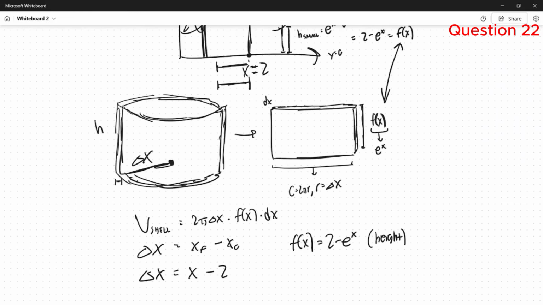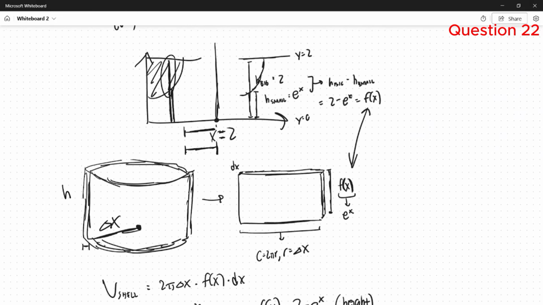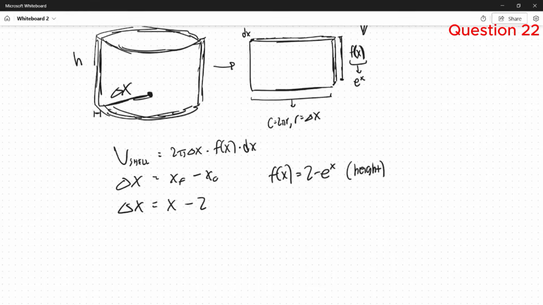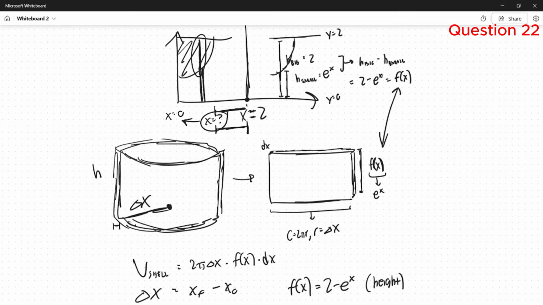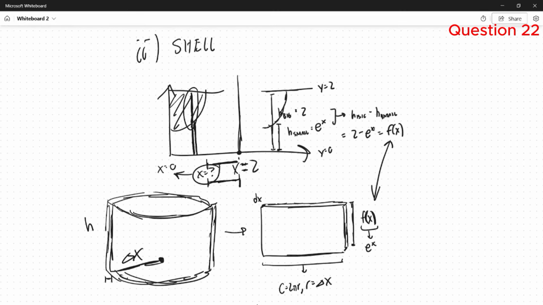And now we need to calculate our bounds. We are starting from, well, actually, no, we're not starting from x equals 2. We are starting from x equals whatever this value is and going to x equals 0. So we need to calculate what this value is, and it's actually quite simple. This value here is equal to y equals 2.